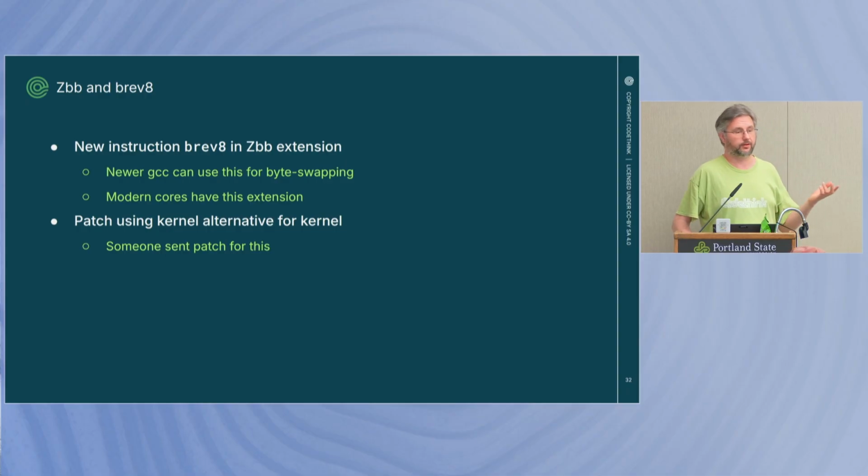So other future things. When we started, there was no instruction that would help us with byte swapping, but it turns out that one of the extensions, called Zbb, actually has a reverse instruction in it that reverses an entire word, not a subword, just an entire word.